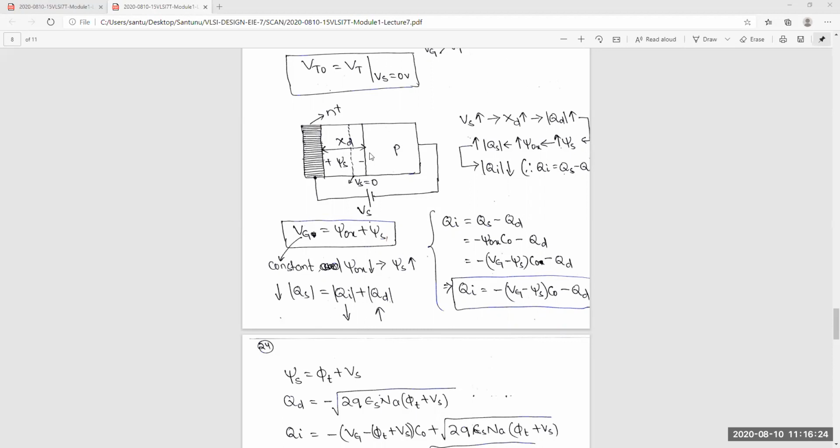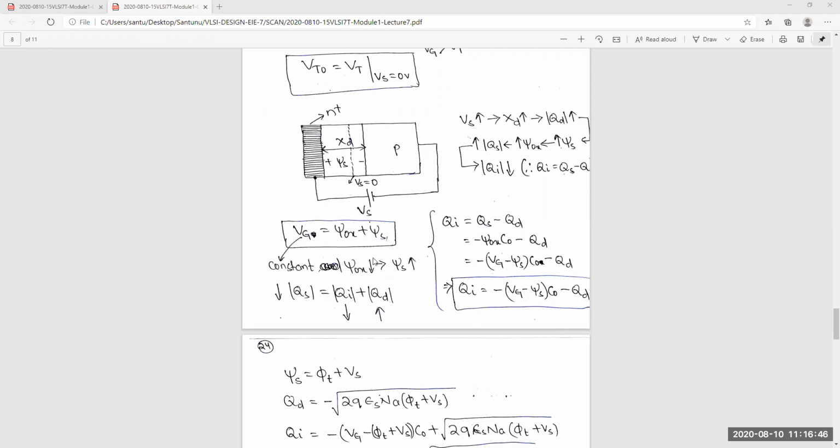Qd increases. Yes. Okay, remember it. Listen again. Vg is constant. So phi S increases, that means phi OX decreases.